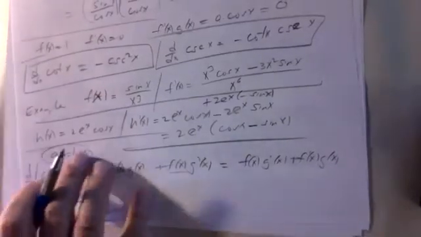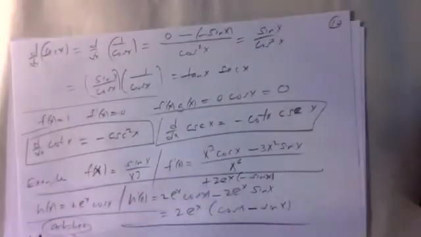Okay. Now, there's one more thing that's important to note in this section. And if you're in my Maple class, this will be in the next lesson, is what are called higher order derivatives.